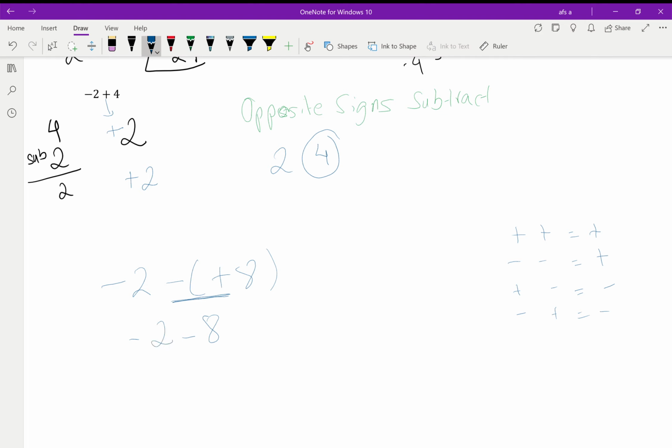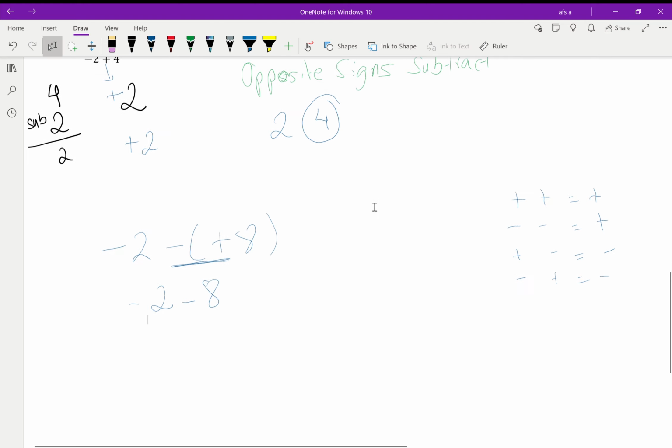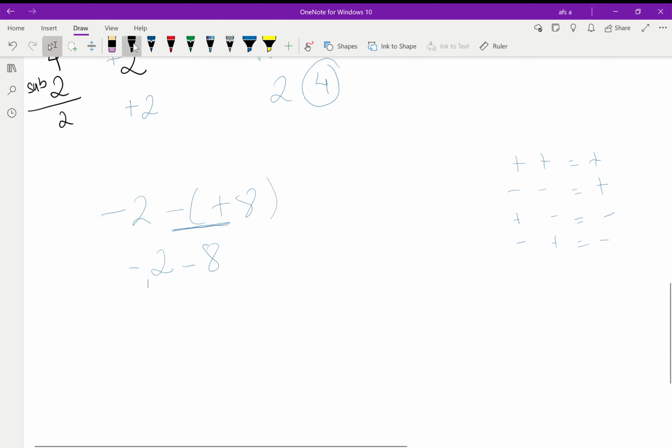At this point, when each number has only one sign, we can decide whether to add or subtract. Remember, with our rule, same sign add. So you ignore your signs for the time being and just take the absolute values and add them.